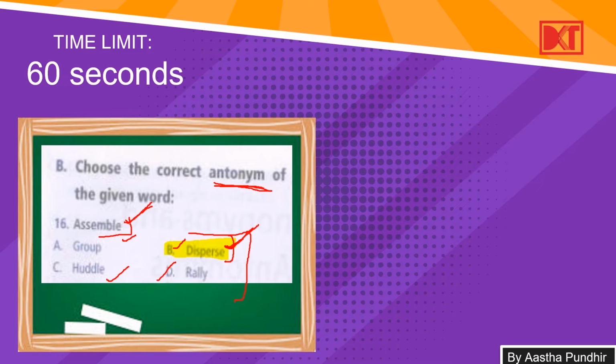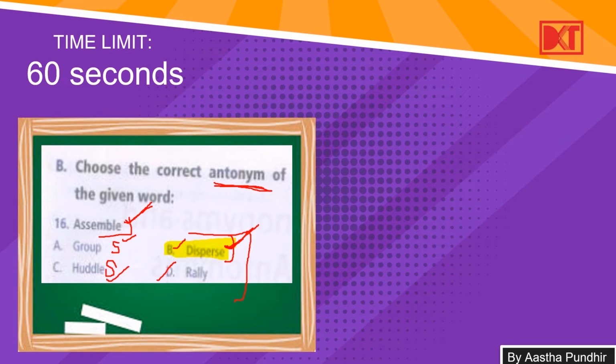Okay, now here group means a bunch of people, grouping, or we can use it as a verb and say that people starting to assemble together. Similarly, it could be a synonym. Then huddle again, coming together and crowding together.